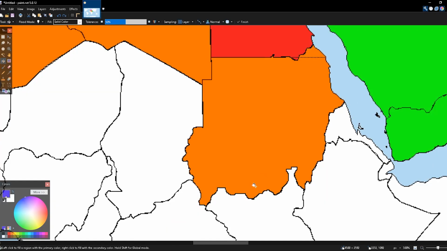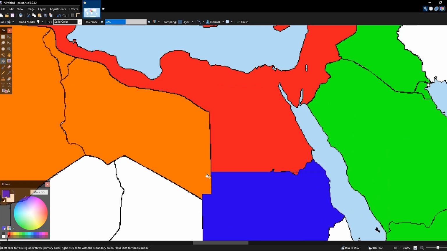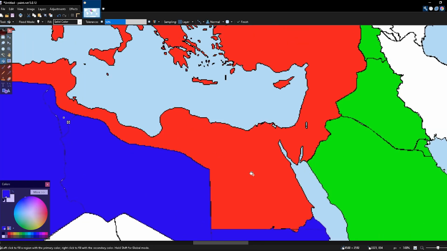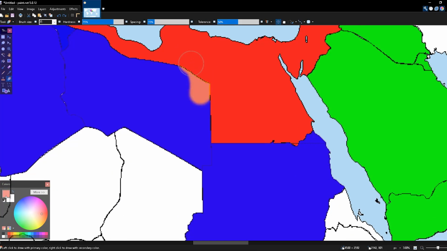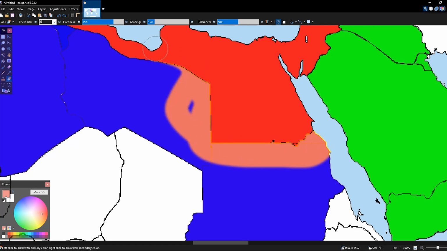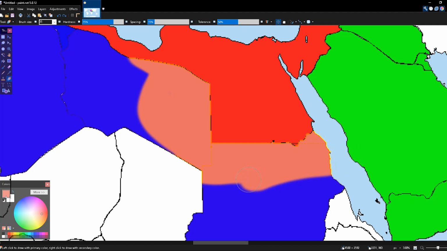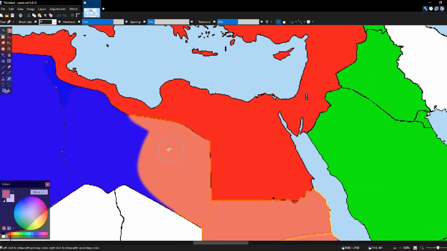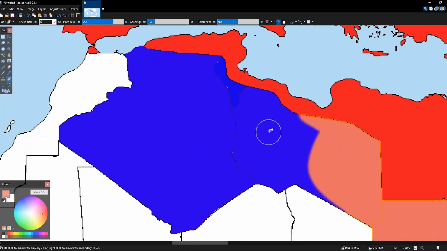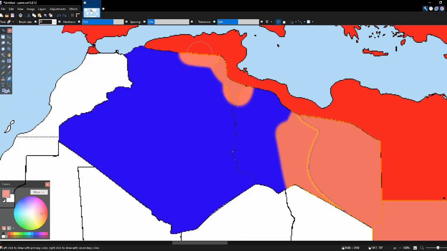Then the Byzantines look over to Africa, and well, it's exactly what you expected. They start invading Sudan and Libya, and it goes pretty well because most of these countries are full of deserts, so it's pretty easy to push in. Tunisia surrenders.